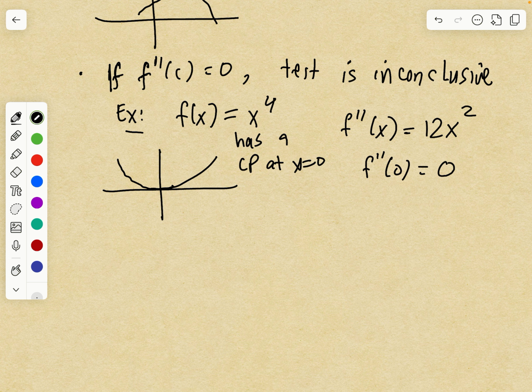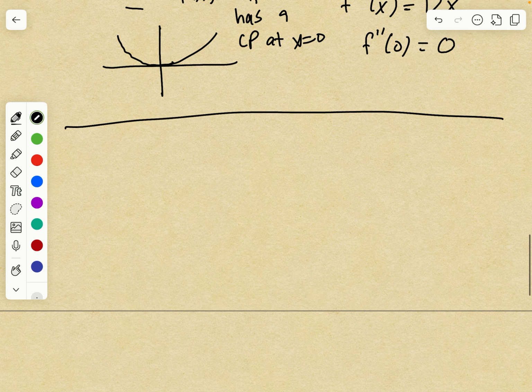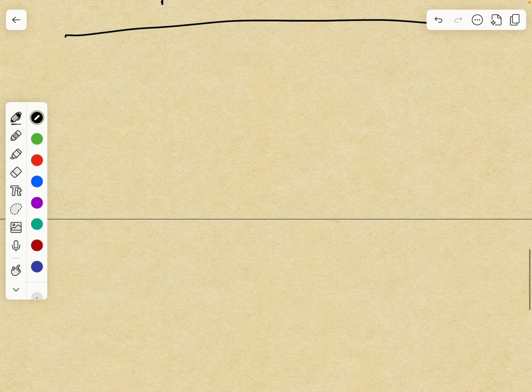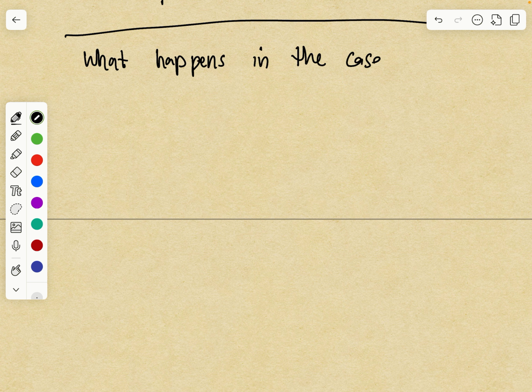So we're done with the review. Now let's talk about what happens in the case of a function of two independent variables.